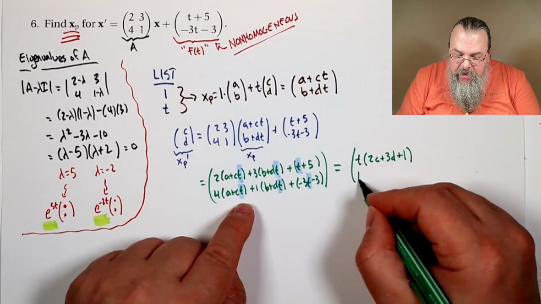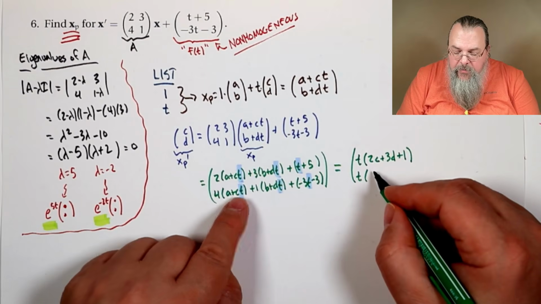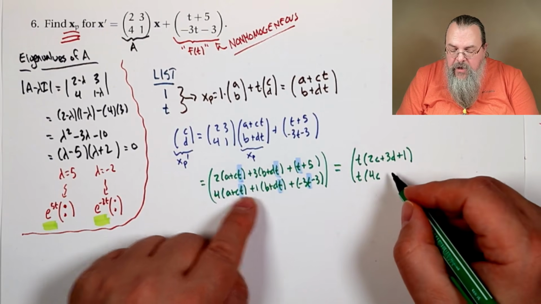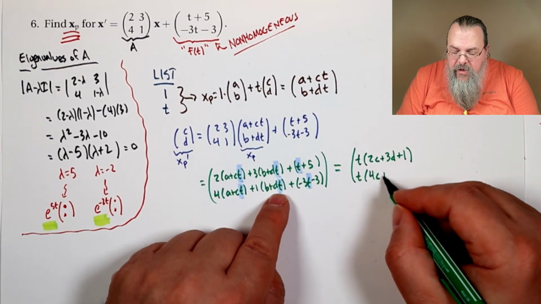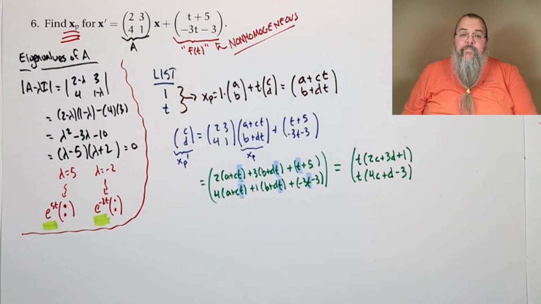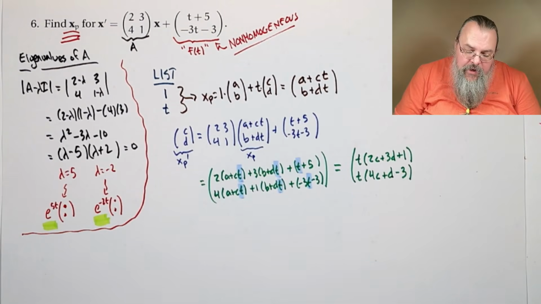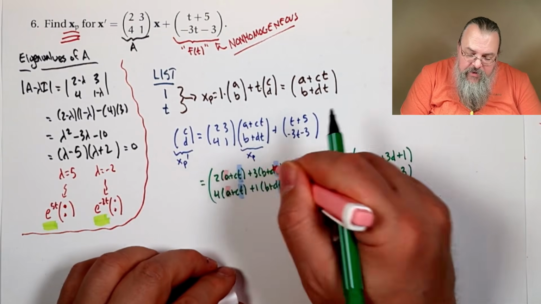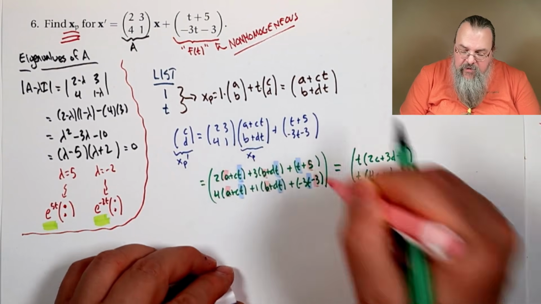Downstairs we have t times 4c plus d minus 3. Now we'll gather our constants. We have constant, constant, constant, constant, constant, constant.